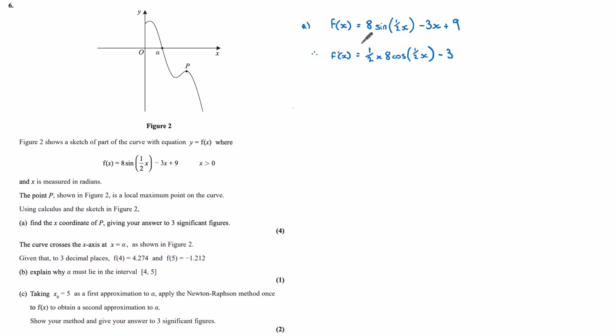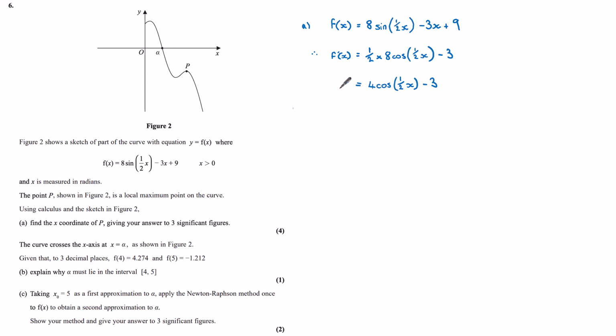So differentiating our function, sine differentiates to cos, and we need to multiply by the derivative of this component, half x. Half x differentiates to a half, so this becomes half times 8 cos half x. Differentiating negative 3x goes to negative 3, plus 9, which is a constant by itself, differentiates to 0.